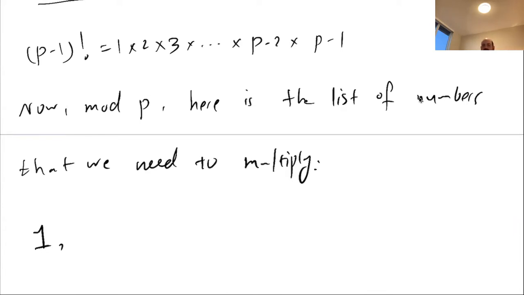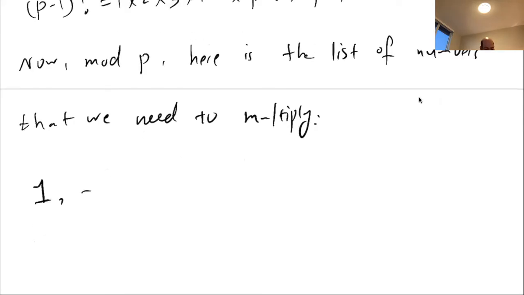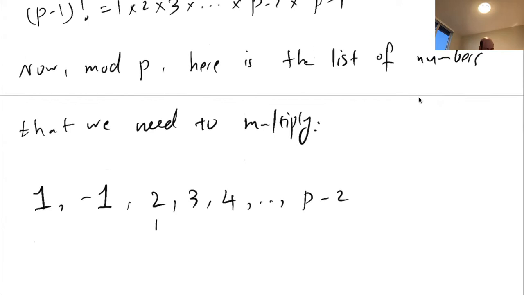Remember every calculation is mod P, so P minus 1 mod P is minus 1. What about the other numbers, 2, 3, 4 to P minus 2? In total, I have P minus 1 numbers, so apart from the first two, how many are left? This is P minus 3 numbers.